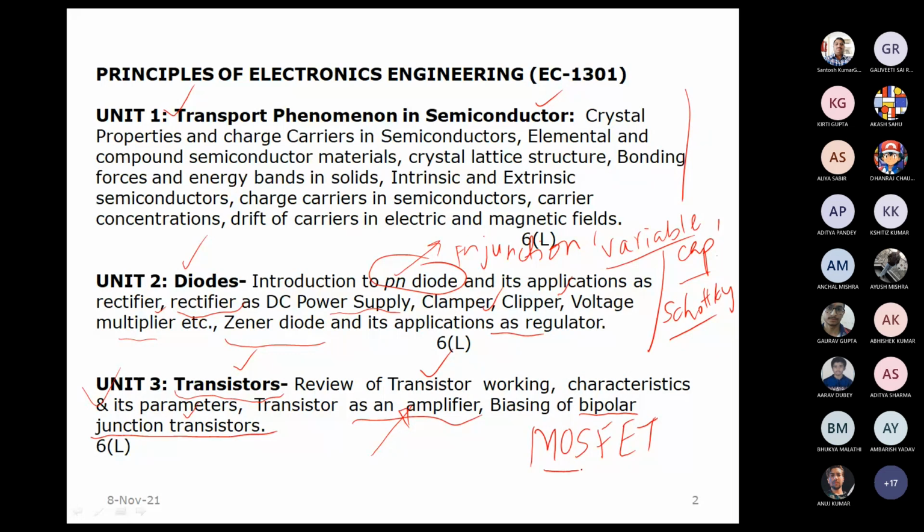But the BJTs, the bipolar junction transistors which we will look at here first, also play an important role in designing integrated circuits. Sometimes for certain regions, we also use BJTs along with MOSFETs. So we will look at the basics of these BJTs.